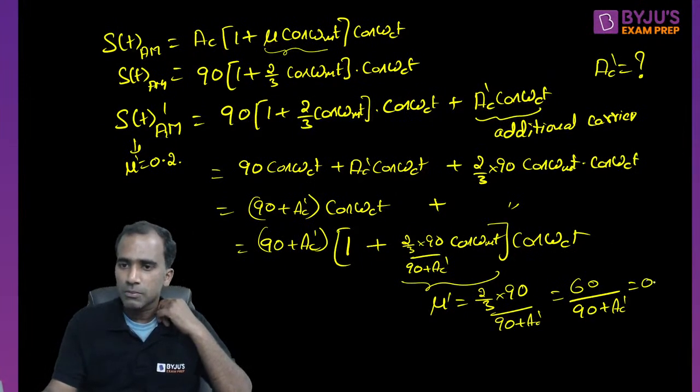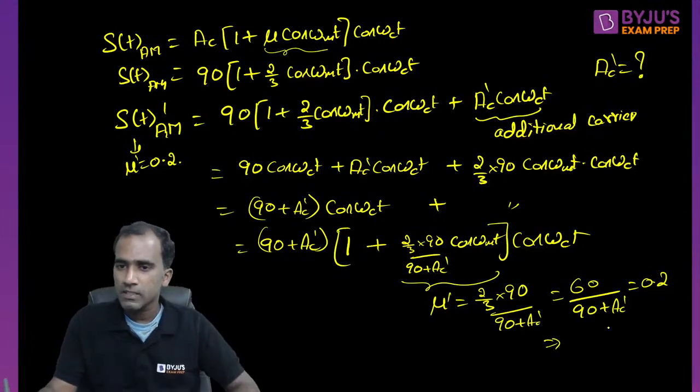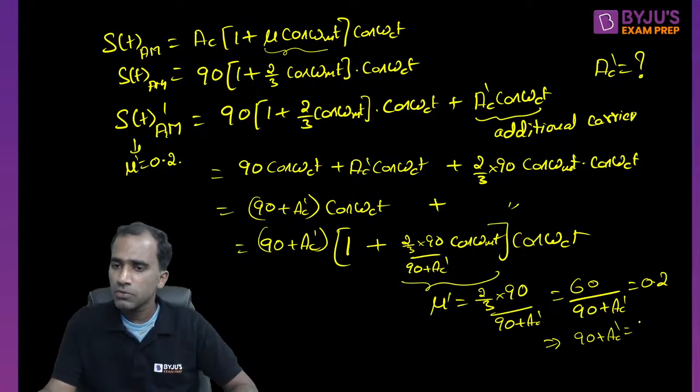Since we know this value should be 0.2, if you substitute and solve, you will get AC dash. So 90 plus AC dash is equal to 60 divided by 0.2, which is 60 into 5, since 1 by 0.2 is 5, which is 300. And AC dash should be equal to 300 minus 90, which is 210.